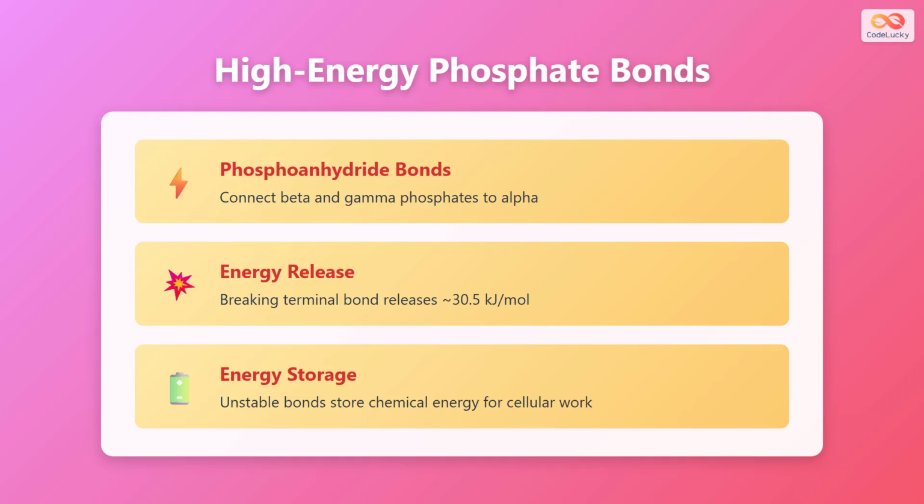This energy release occurs because the phosphate groups are negatively charged and naturally repel each other, creating an unstable, high-energy configuration. Breaking these bonds relieves this tension and releases energy that cells can harness to perform work, making ATP the universal energy currency of life.